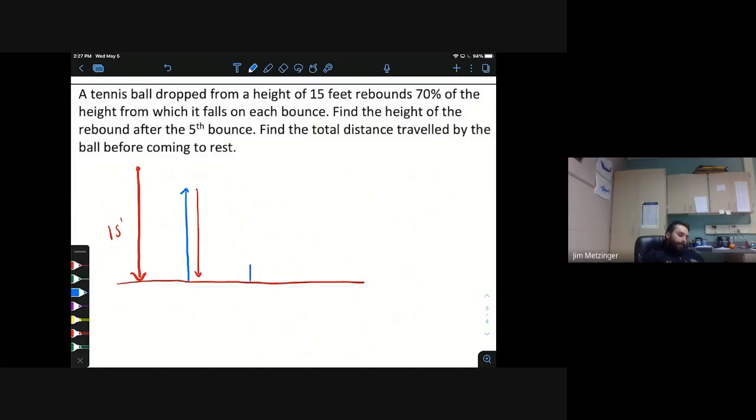And it keeps repeating this. Goes up 70%, falls again, and eventually it'll keep going until it comes to rest. How high does it bounce up after the first bounce? 10.5. All right. And then how high does it bounce the second bounce?